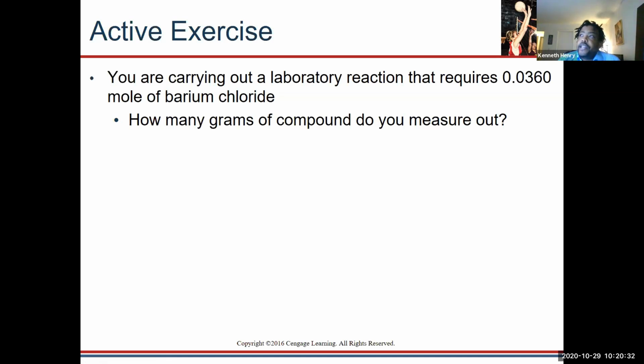So you are carrying out a laboratory reaction that requires 0.0360 moles of barium chloride. How many grams of compound do you measure out? What am I going to do here? Raul, where am I going to start? Barium chloride. So what does barium chloride look like?